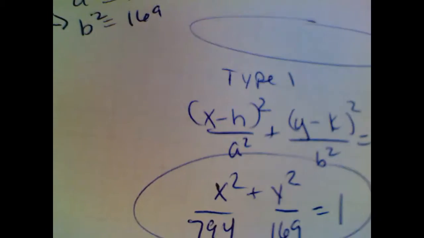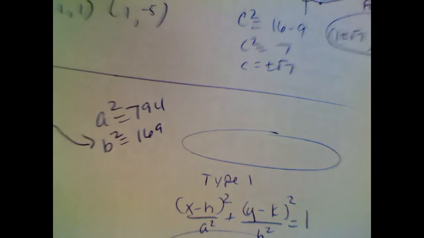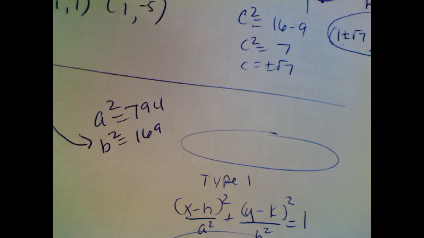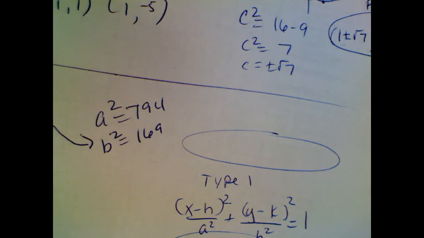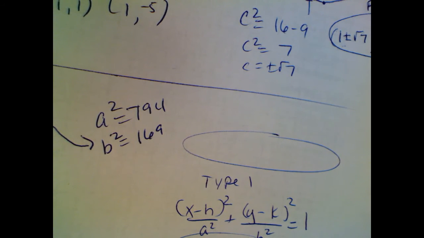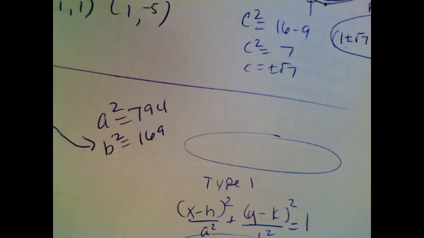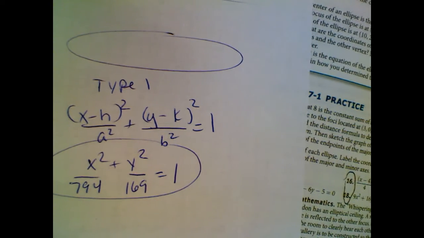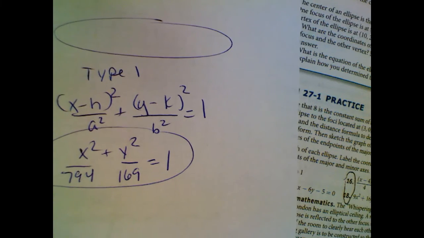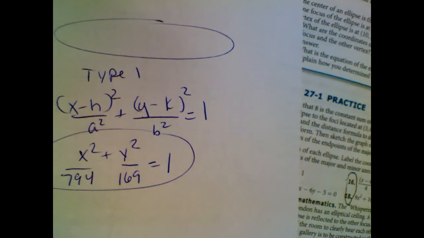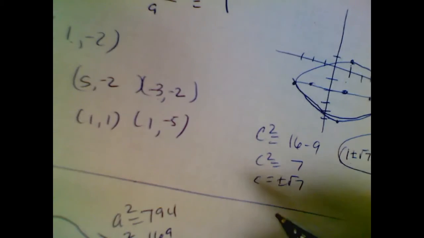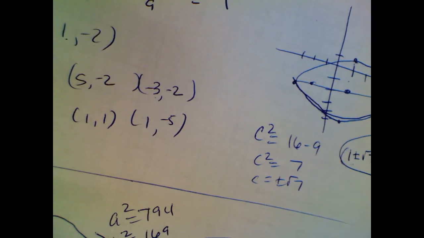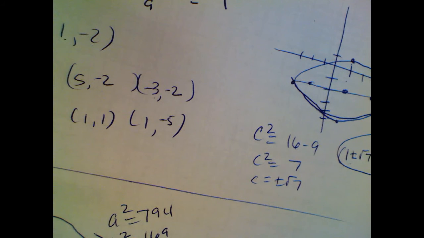Then it says find the length of the room. So the length of the room, guys, is the same thing as your major axis, I believe, right?